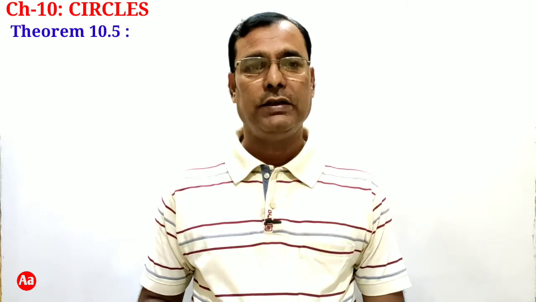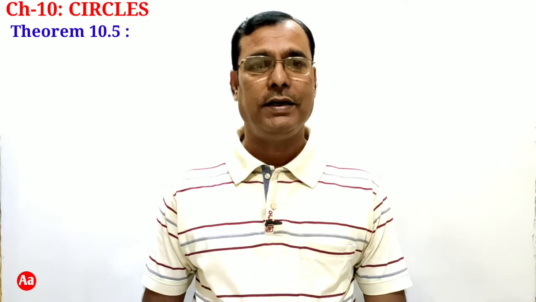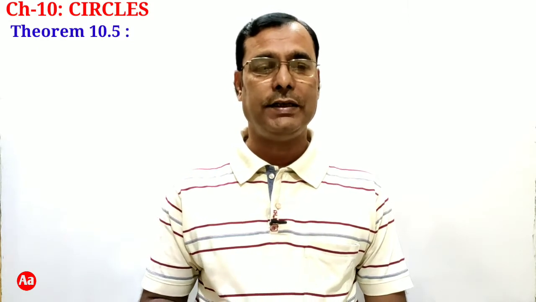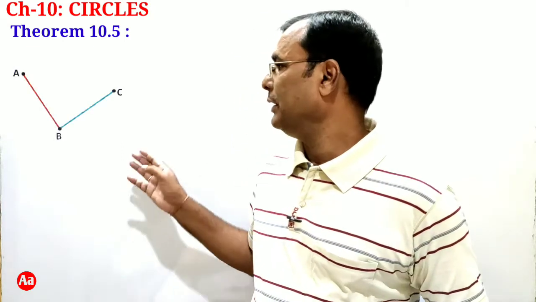Theorem 10.5. There is only one circle passing through three given non-collinear points. To understand and verify this theorem, let us consider three non-collinear points A, B and C and join AB and BC as shown in this figure.